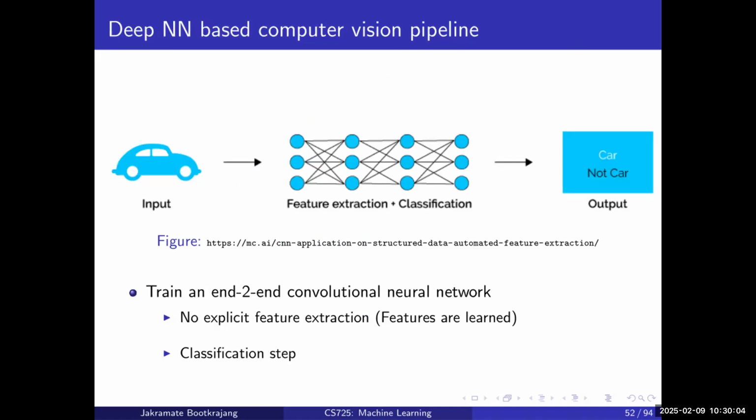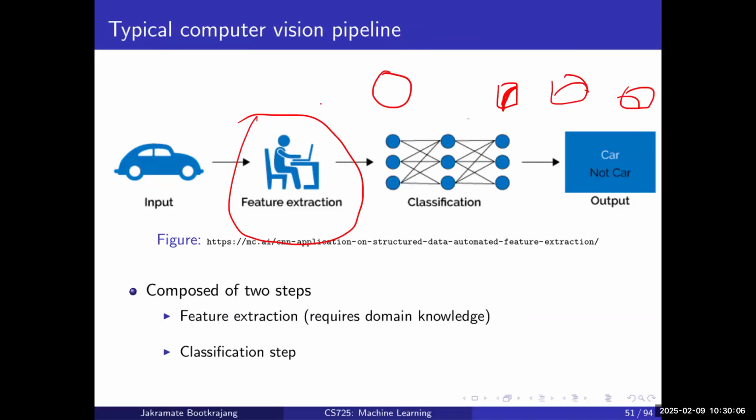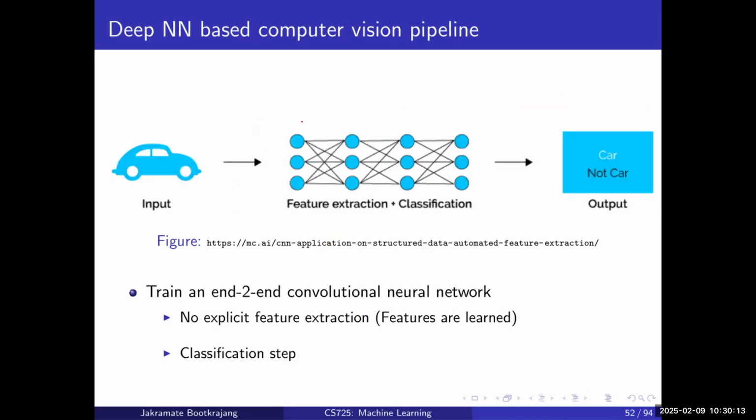So we want to eliminate the feature extraction part. We don't want a handcrafted one, so we replace it with just a neural network. And this neural network has to do two things at the same time. It has to be able to extract some features and also be able to classify the image.